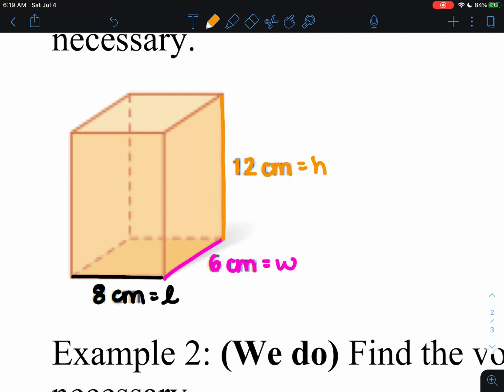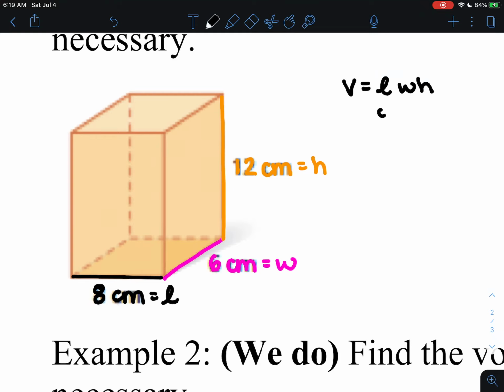And what's nice here is because for finding the volume is length times width times height. Because I'm just multiplying those numbers together, it doesn't really matter if 8 is my length or my width or my height. Those numbers would all be interchangeable there, just based on how we have the box standing on our floor. And so let's use our colors.